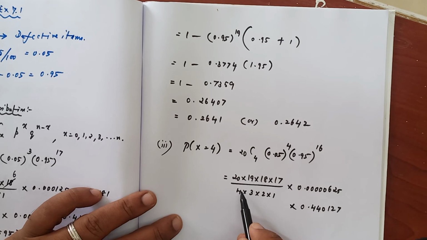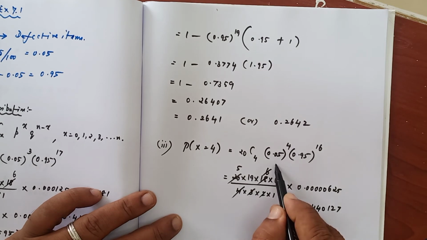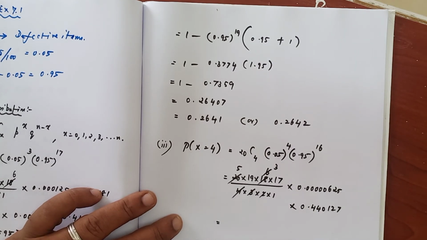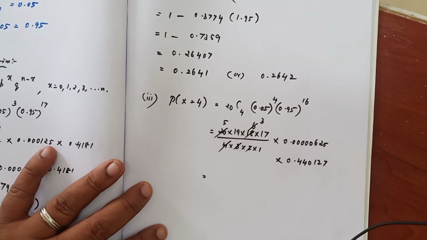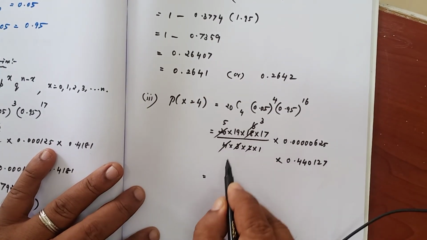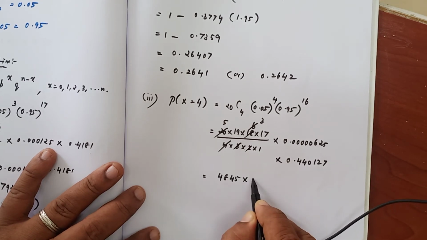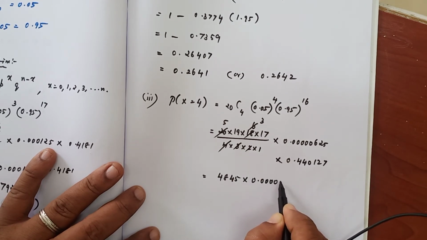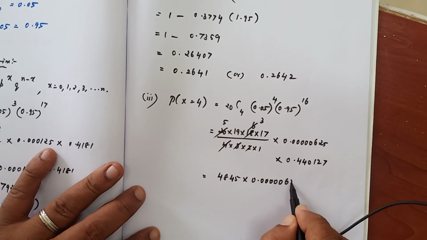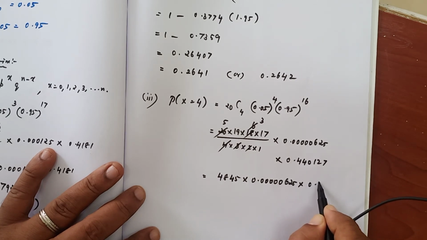0.440127. Here you can simplify: 4 fives are 20, 3 sixes are 18, then 2 threes are 6. If you multiply everything, 5 into 19 into 3 into 17 is 4845, into 0.00000625 into 0.440127.